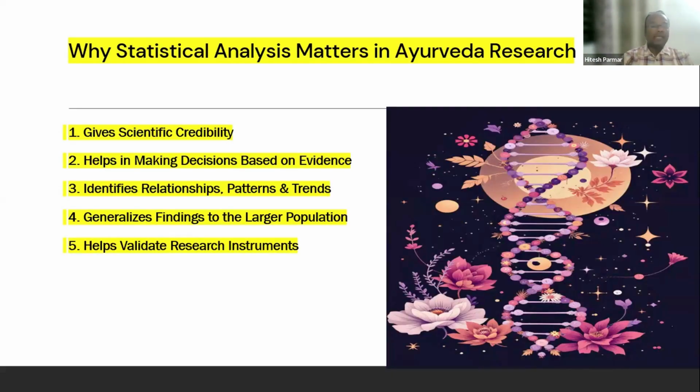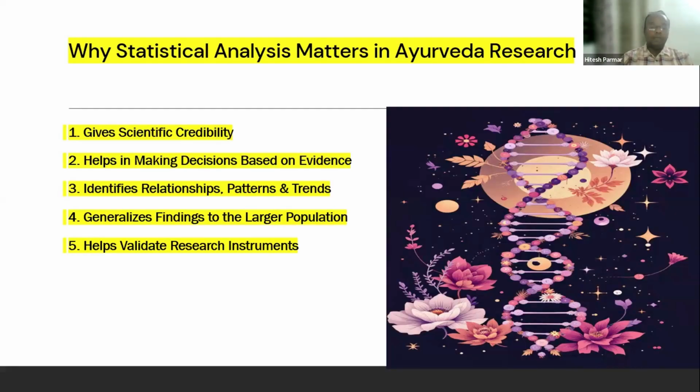And at the same time, reliability analysis and validity analysis help in validating the research instrument. While designing our study, we must have designed our research instrument, maybe some tools we have developed, or some tools we have borrowed from previous research. That research instrument needs to be validated. So how do we validate?